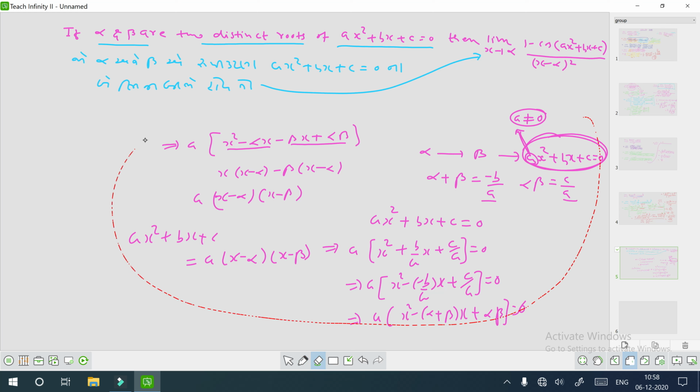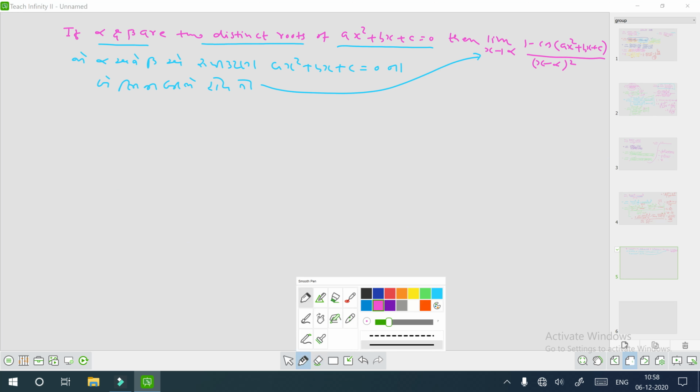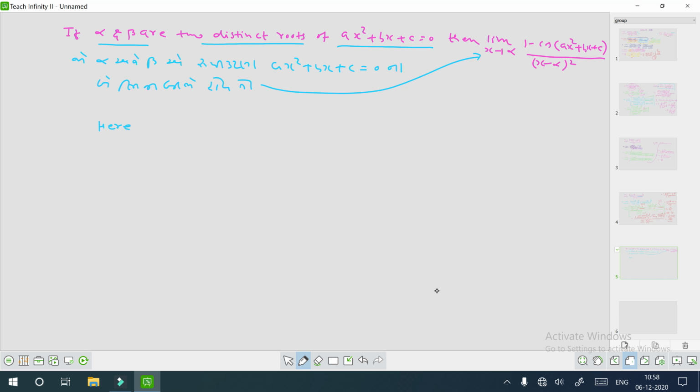So use this concept here. That concept is used to solve this one. Now see, here alpha and beta are distinct roots of this equation, ax square plus bx plus c is equal to 0.